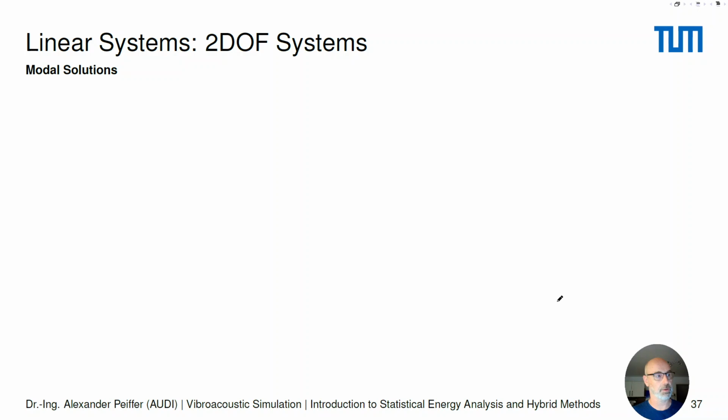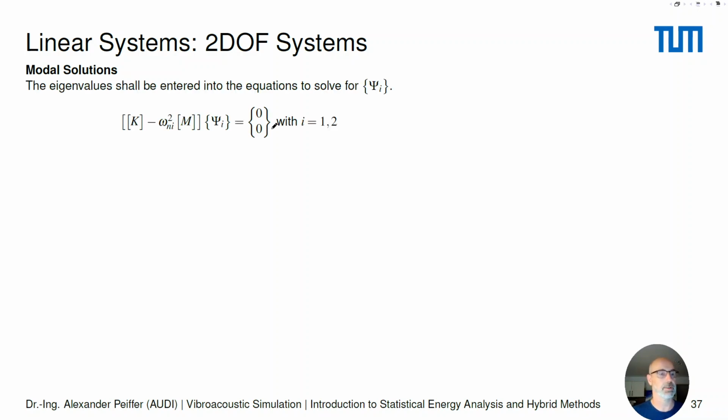So how do we get the modal solution? It means, what is the shape of this? For getting the shape, we enter the frequency solutions into our equation of motion in matrix form again, and we solve for the mode shapes, which are denoted by a large psi and have the index i for the two different modes that we will find.